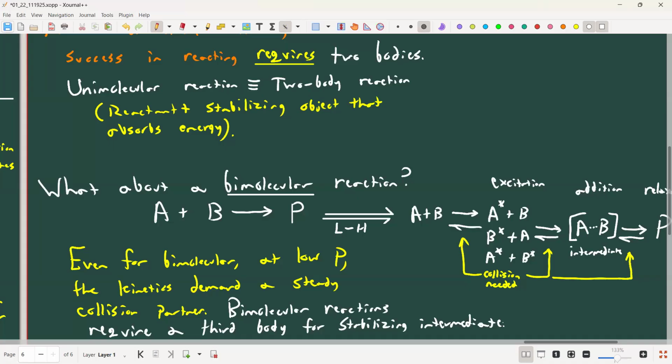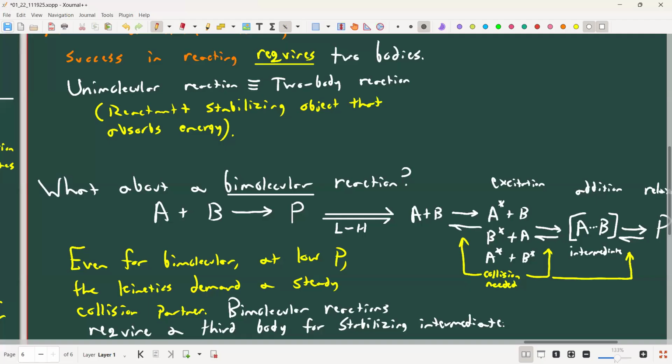A molecule absorbs an ultraviolet photon, and it gets excited and it wants to fall apart. But in order for it to fall apart, it needs some way to lose that energy. And the only efficient way of doing that is collisions. Well, if there's no collisions, it never happens. So kinetics in space are very slow for that reason. There's just no collision partners.